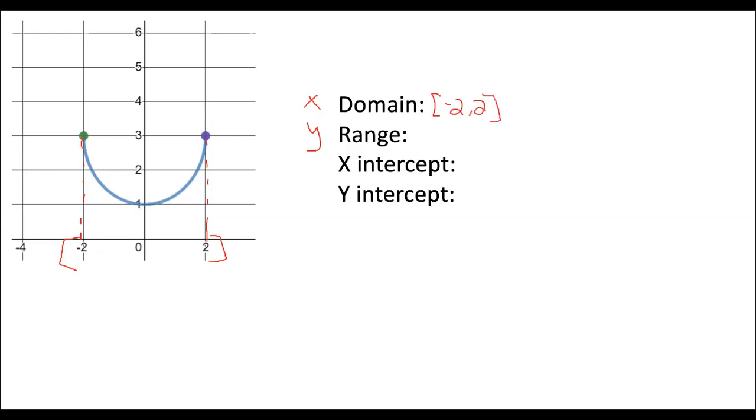And our y values go from 1 to 3. Our x-intercepts: there's no place in this graph where it crosses the x-axis, so this is none. Our y-intercept is where it crosses the y-axis, which is here at 1. So this is 1, or we can write it as 0, 1.